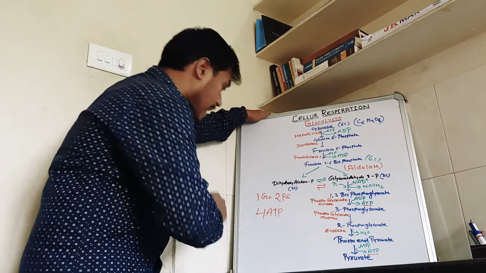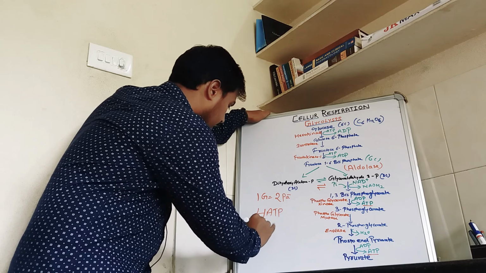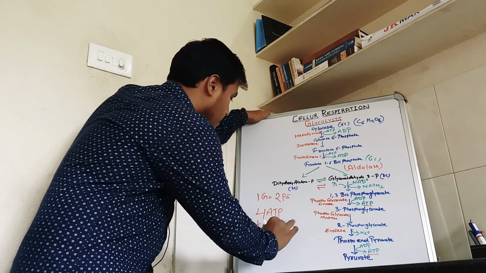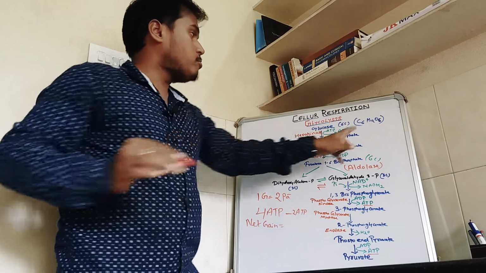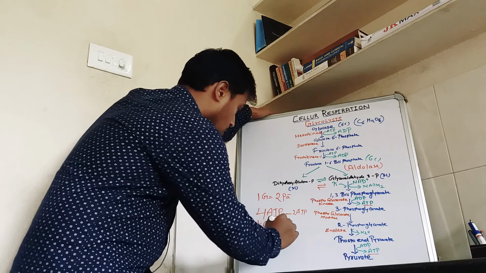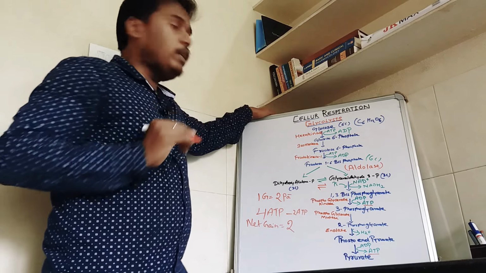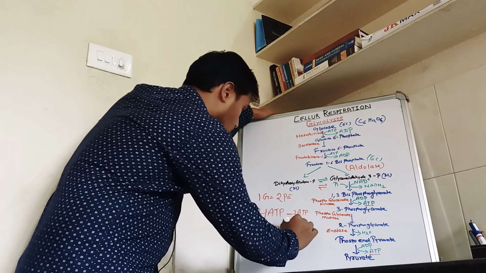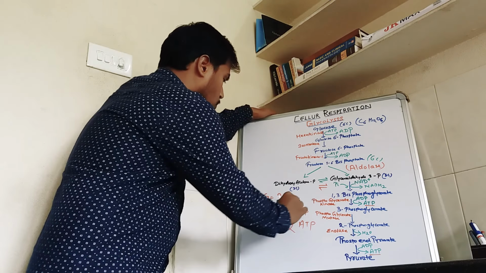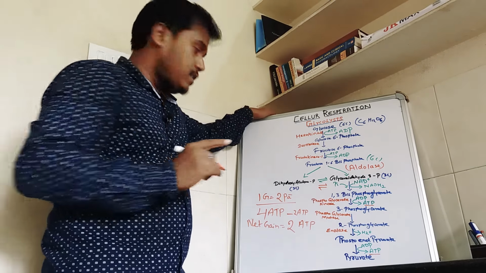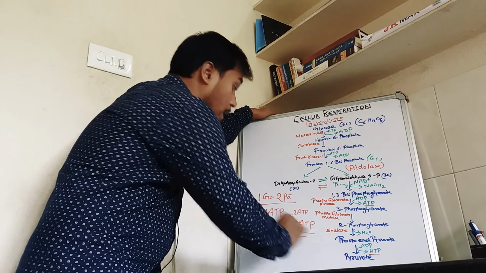So our net gain will be 4 ATP minus 2 ATP, since we have spent 2 ATP. So in the glycolysis process, one molecule of glucose will give 2 pyruvic acid, and the net gain will be 2 ATP.